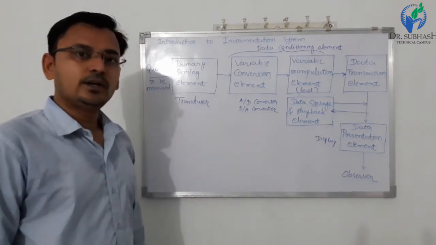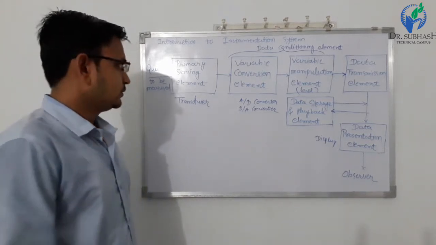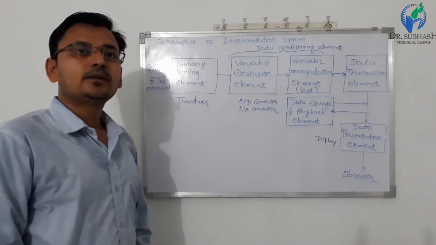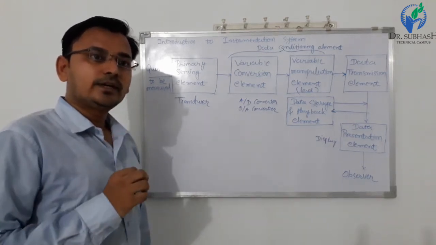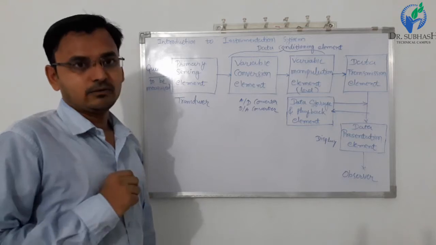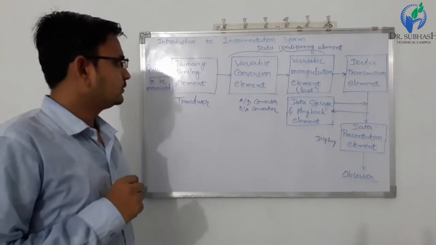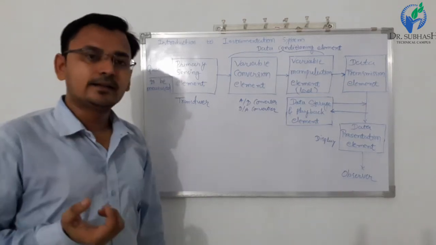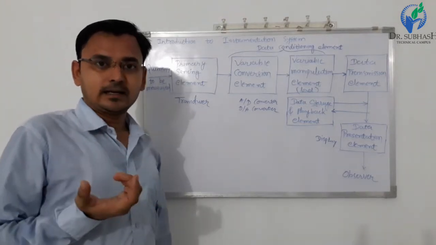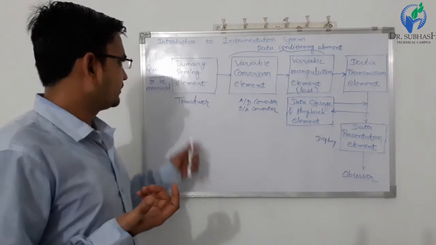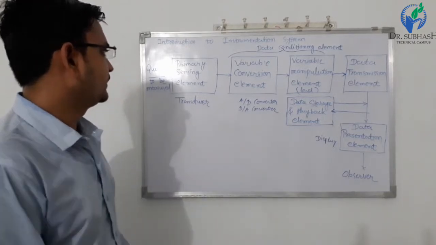Now the question is, what is a transducer? A transducer is a device which converts a physical quantity into an electrical quantity, or we can say that it is a device which converts a non-electrical quantity into an electrical quantity. So this is the function of a transducer.